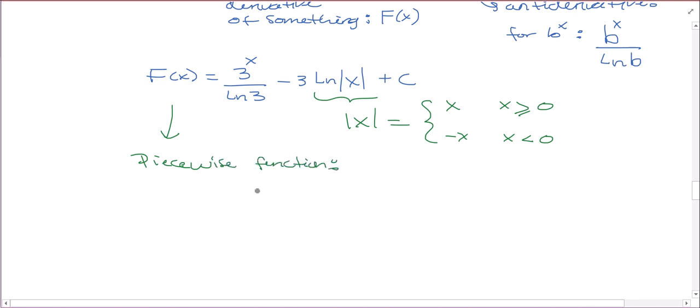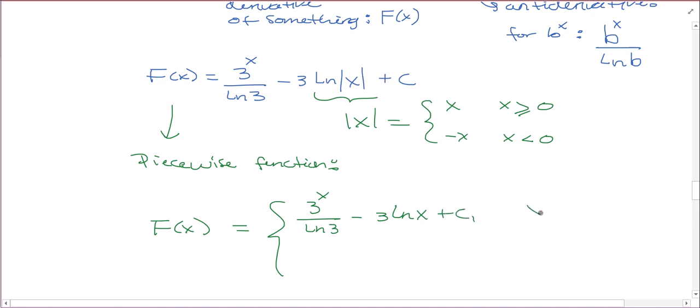So how do we write it? We're going to say the antiderivative, capital F of x, is equal to, and we're going to have two versions. 3 to the x over ln of 3 minus 3 ln of x. We can drop the absolute value, plus, let's say, c1, when x is greater than or equal to 0.